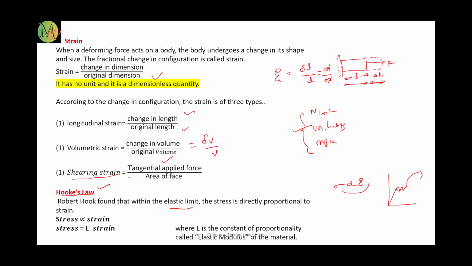So if you remove this proportionality symbol, we are going to get a constant. This constant is known as the Young's modulus. Okay, so this Young's modulus is stress divided by strain. So the unit of Young's modulus is the same as that of stress.